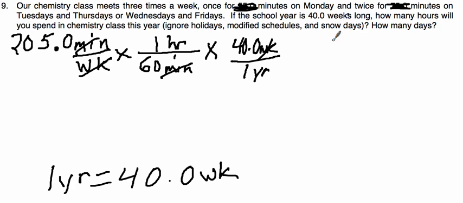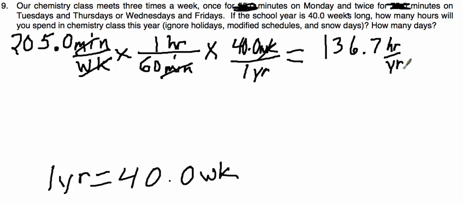When I did that on my calculator, I get 136.666666667. It's about 10 digits wide. But we have to round our answer off based on our input, and our input is 205.0. We already said that was 4 sig figs. So our answer is going to be 136.7, and again, that's hours per year.